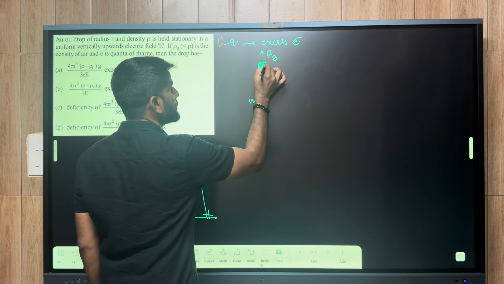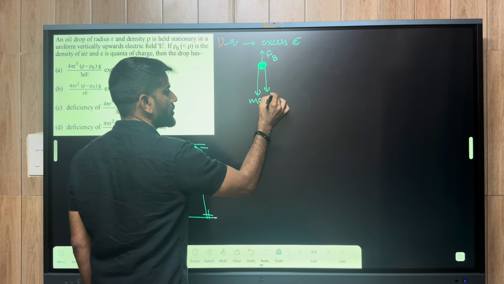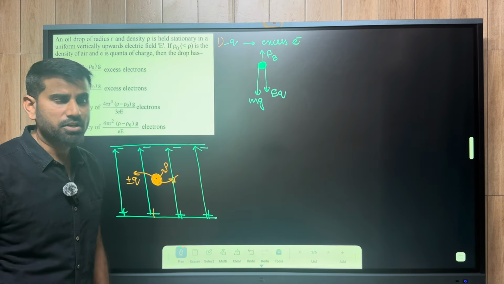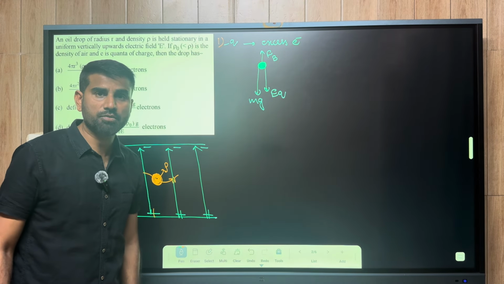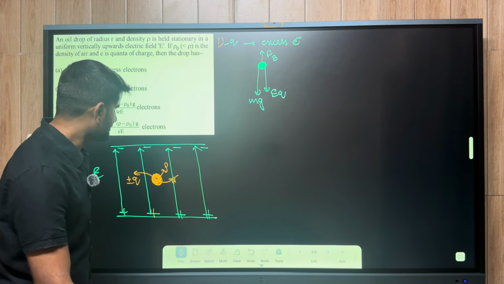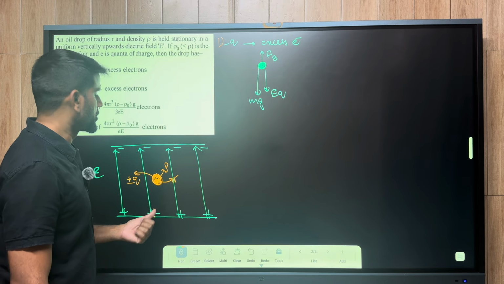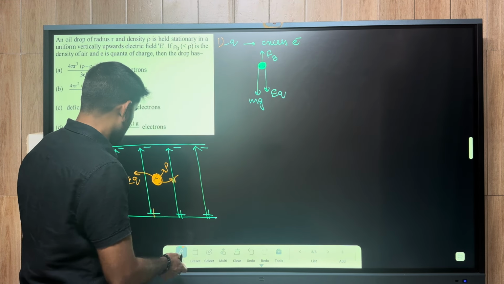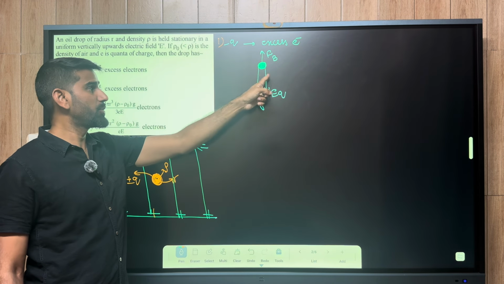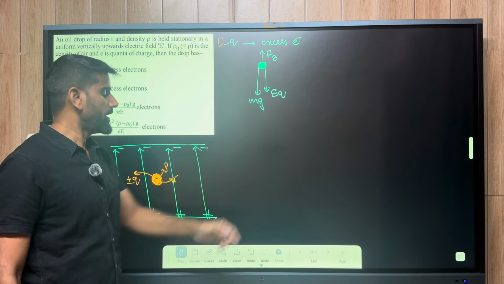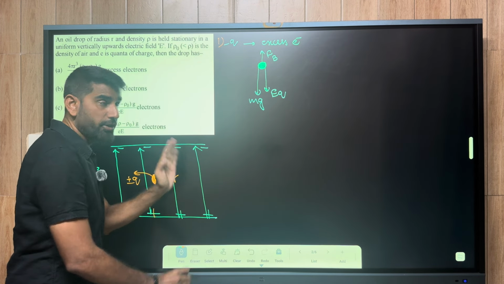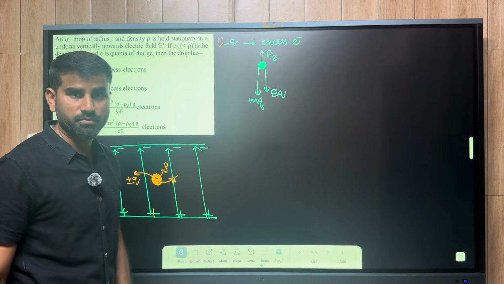That means the electric force on the charge is downwards, F equals EQ. As the electric field is pointing upwards, the force on the negative charge is downwards, which is represented here.